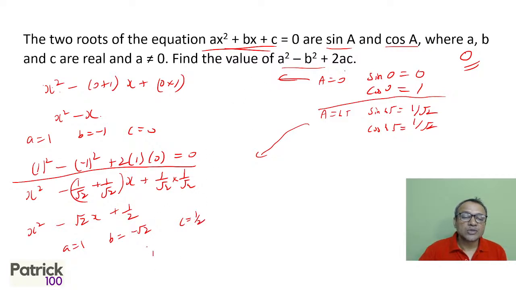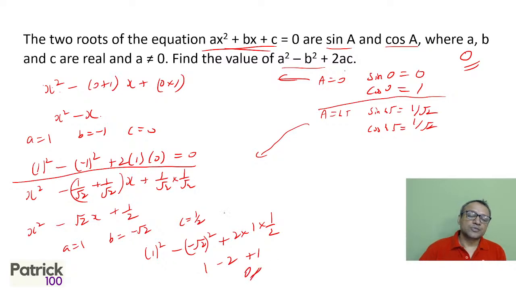Substitute again: a squared is 1 squared, b squared is minus root 2 the whole squared, plus 2 into a into c. We get 1 minus 2 plus 1, again 0. So any value you take should give the same answer. I'm putting two different values to show that different values give the same answer. So 0 is the answer. In the exam, you just put one value and get the answer. Substituting simple values whenever there are variables is a good method to get the answer.